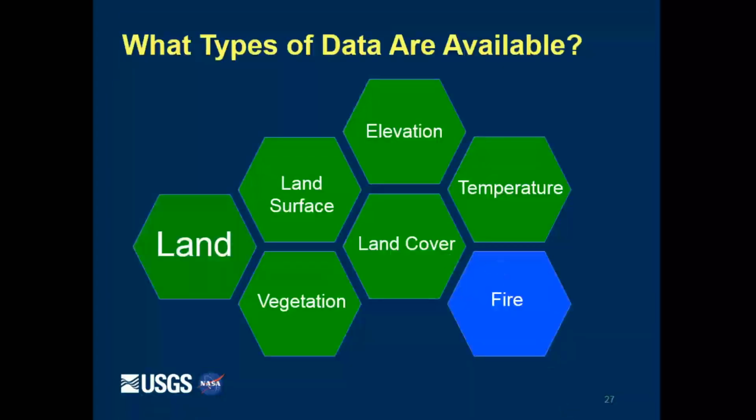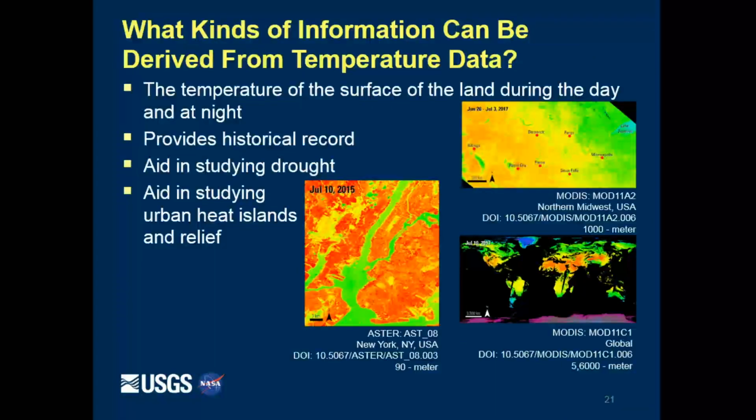Next, we have temperature. Our temperature data provides specifically the temperature of the land's surface, so not the air above it. But it's useful in understanding a historical record. We have temperatures for day and night. A lot of people use those to study times of drought and add that as a key factor. It can also help with studying heat islands.